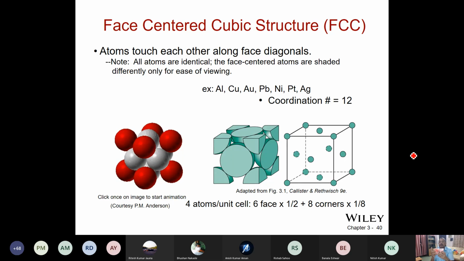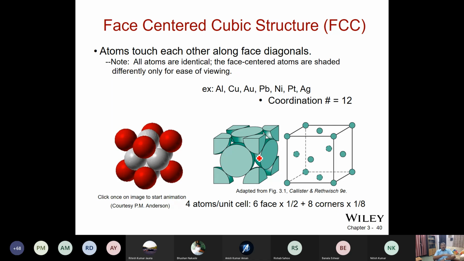They make one together as such. So each face is occupied by face-center position 1 atom shared by 2 side-by-side unit cells. So each face-centered atom has half of it inside one unit cell. So 6 faces into half, that makes 3.